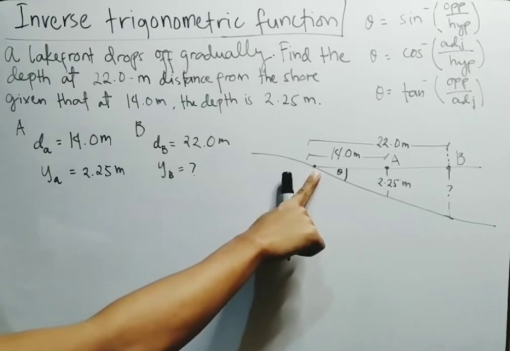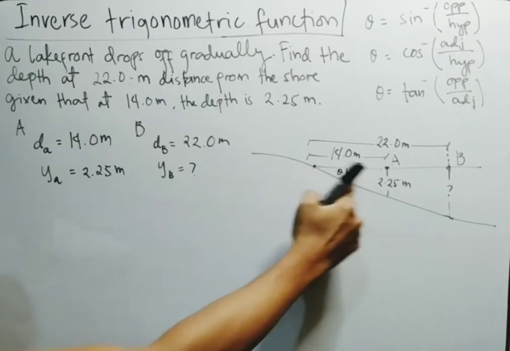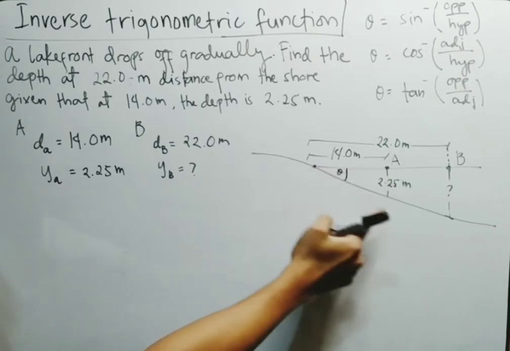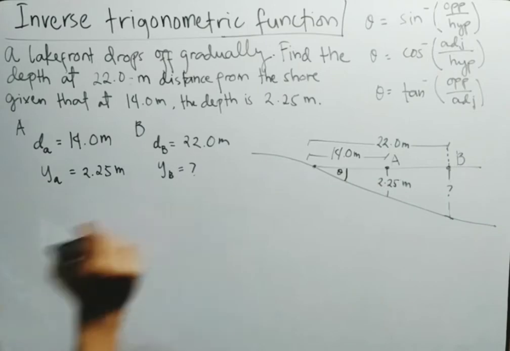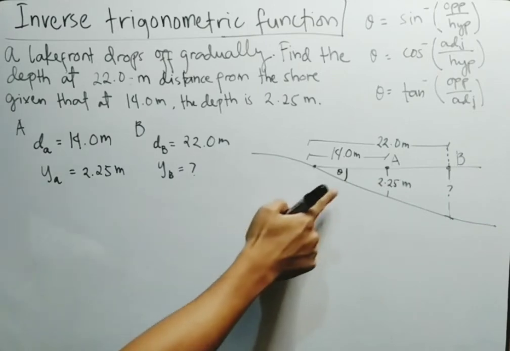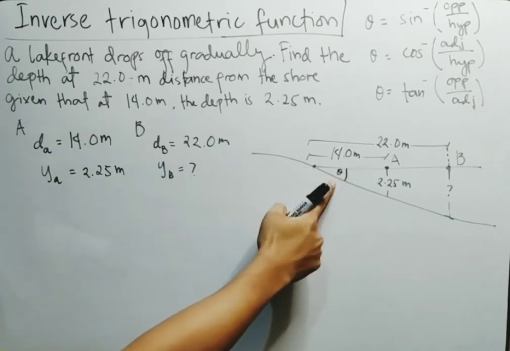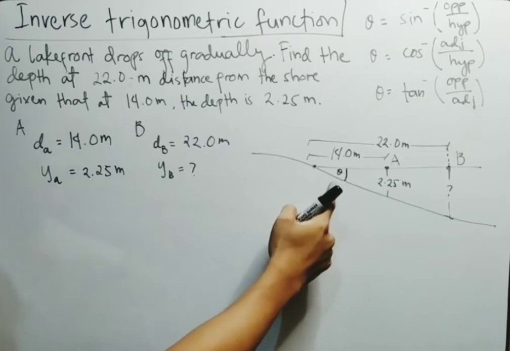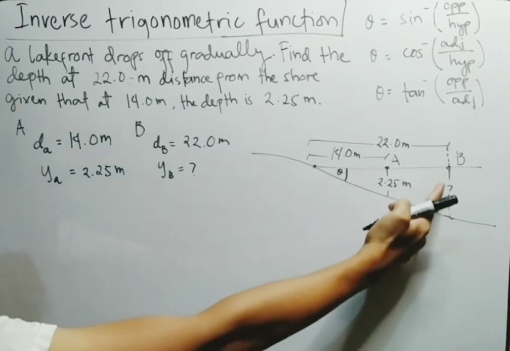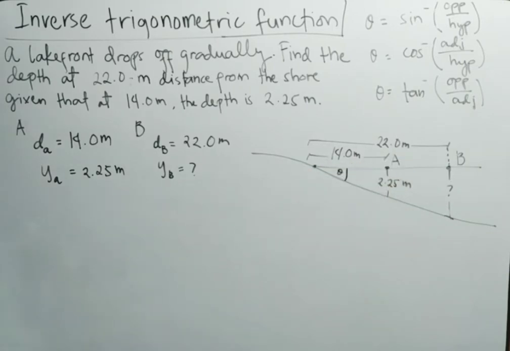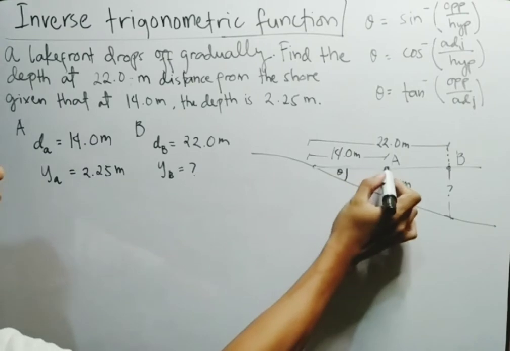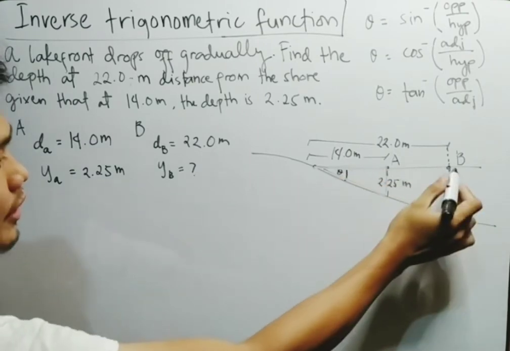Okay, we have our first triangle, the triangle for A, that has the adjacent side of 14 meters and the opposite side of 2.25 meters. So definitely, pwede natin makuha yung angle theta na pwede natin gamitin para makuha ang opposite side for B, given that the adjacent side is 22 meters. Okay, so this is our first triangle, and this is the second triangle.